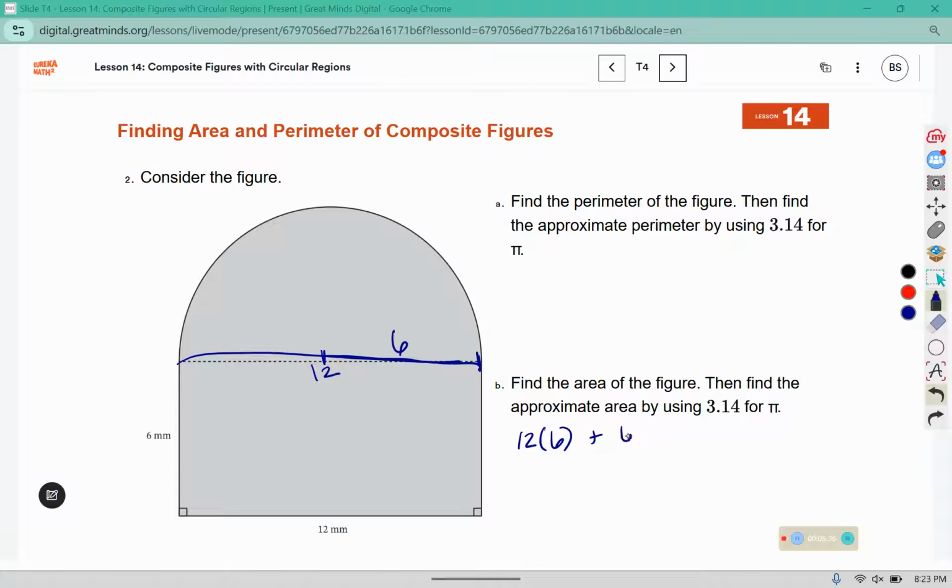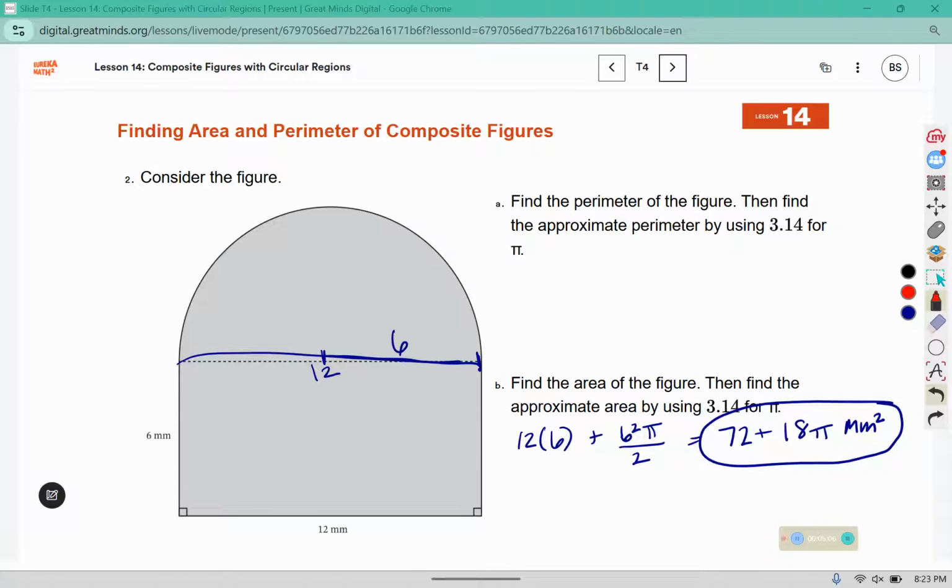So we'll use radius squared times pi, but it's a half of a circle, so we'll divide it by 2. 12 times 6 gives us an area of 72 for the rectangular piece. 6 squared is 36, and 36 divided by 2 is 18. So this is the most accurate way to represent the area.